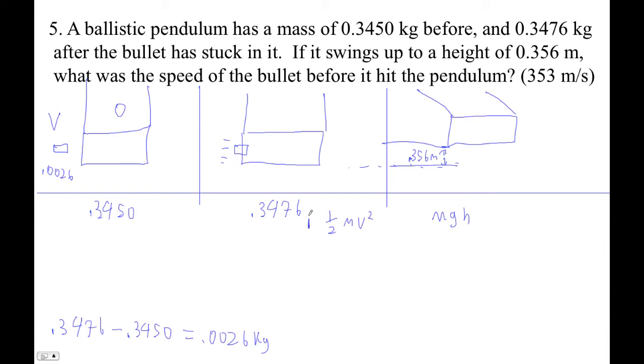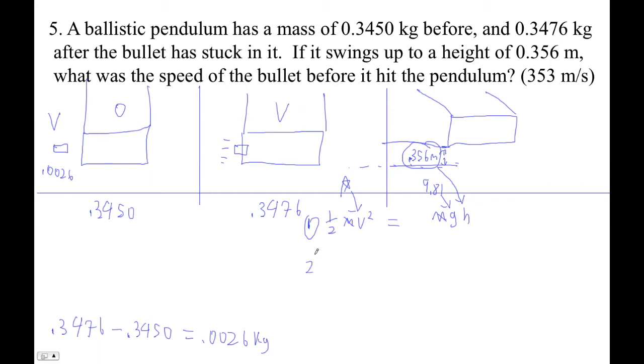So step 1, set those equal. The mass cancels. You know the height, and you know g is 9.81, and you can solve for that velocity.